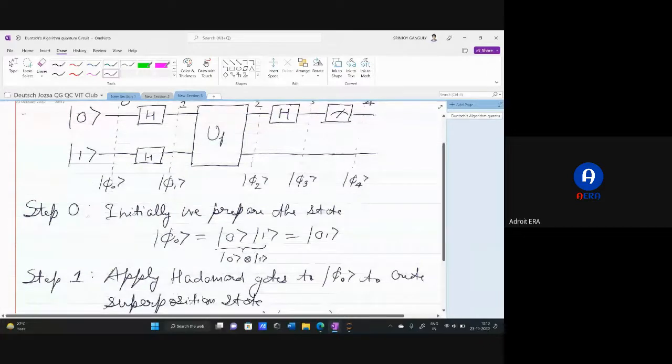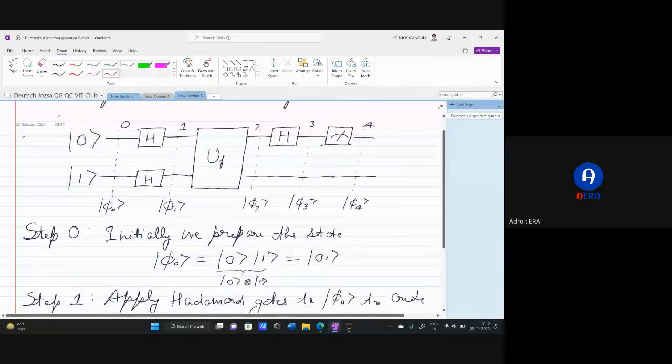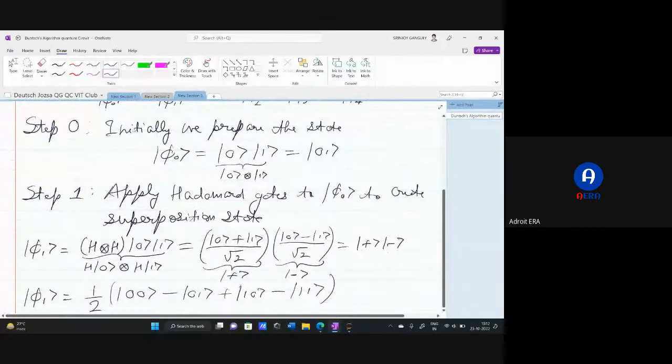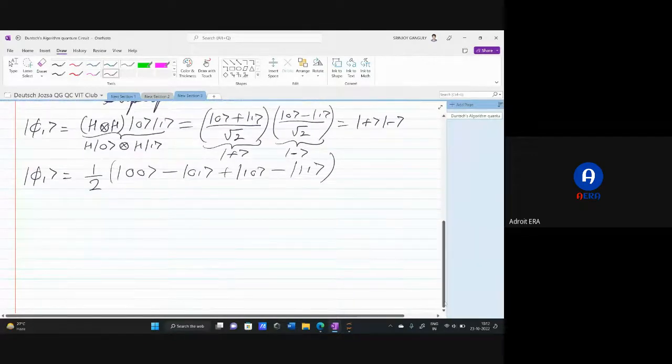We have solved step 0, where we initially prepare the state ket 0, ket 1, and step 1, where we applied Hadamard gates. Now we are going to see step 2, where we apply the oracle. So let us go to step 2.